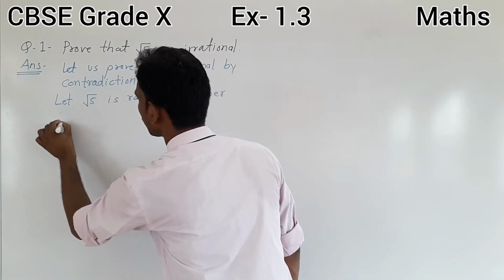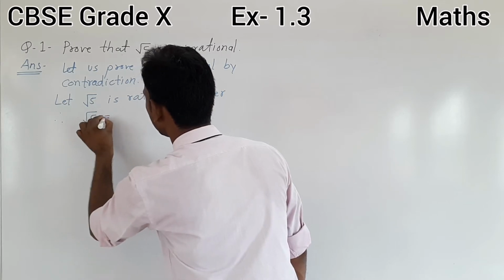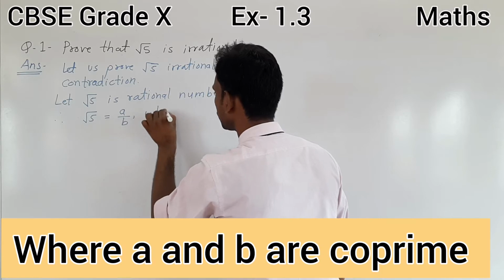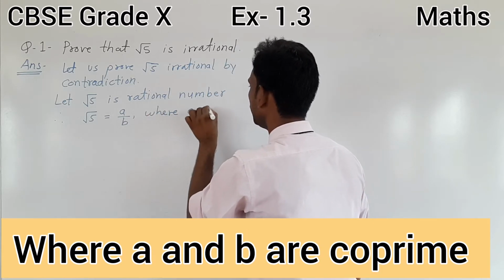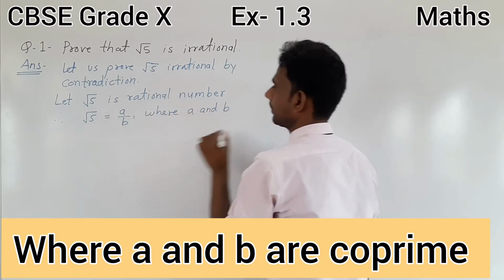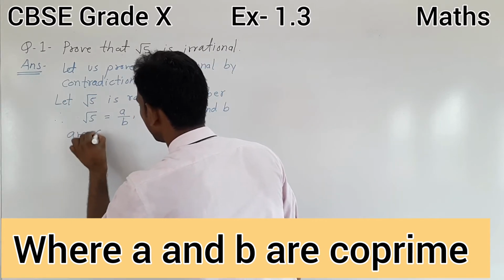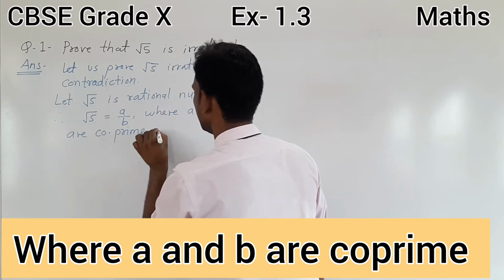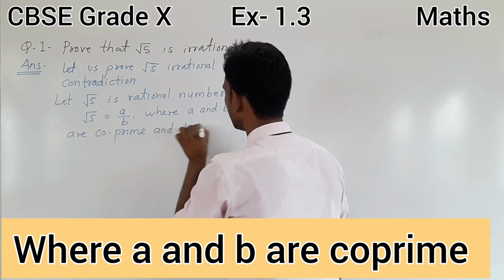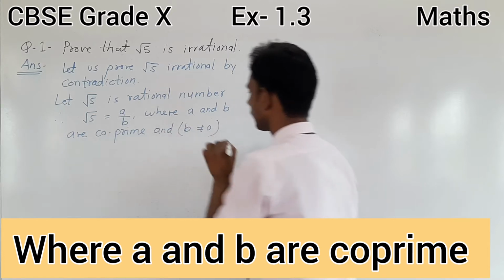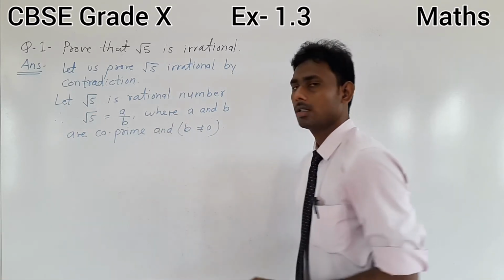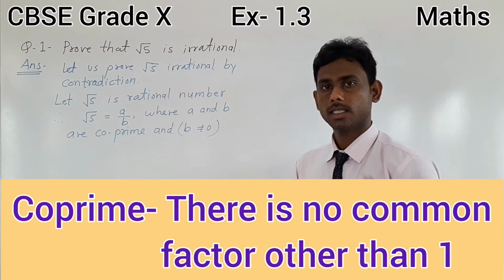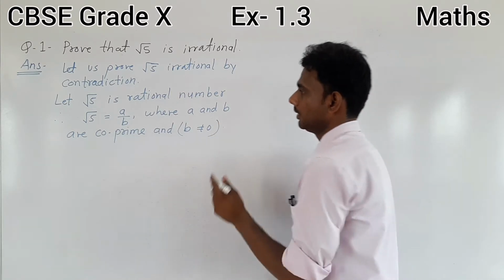Therefore, root 5 equals a upon b, where a and b are co-prime and b is not equal to 0. Here co-prime means there is no common factor other than 1.